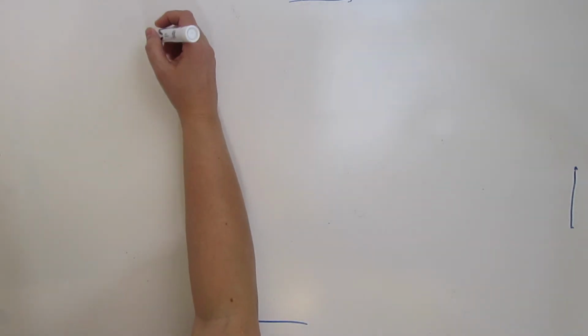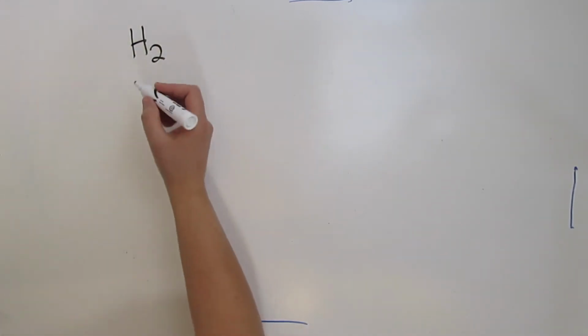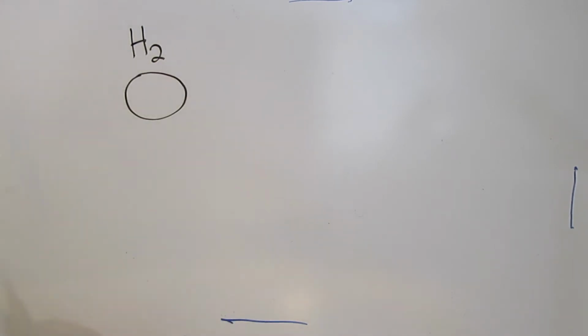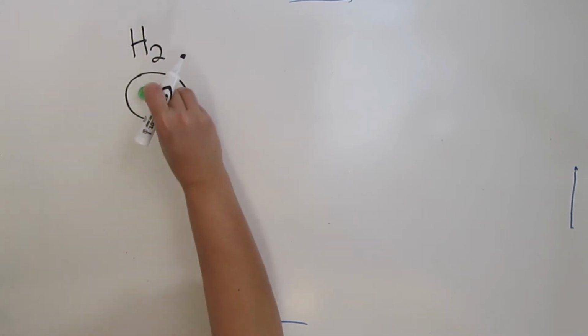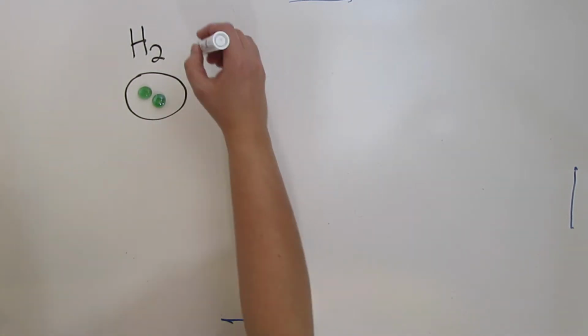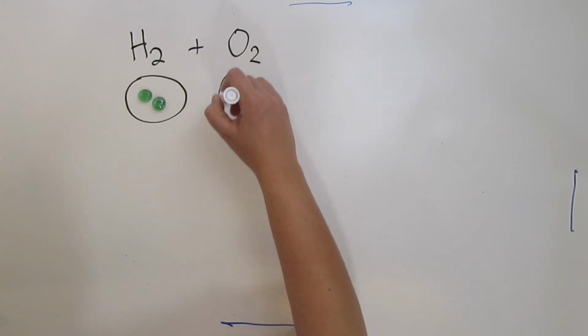So what we're going to look at here is a very simple reaction. One in which hydrogen gas, H2, so remember this is something where you have 2 atoms of hydrogen in 1 molecule, or you could say it's a package of 2 hydrogen atoms, plus oxygen gas.